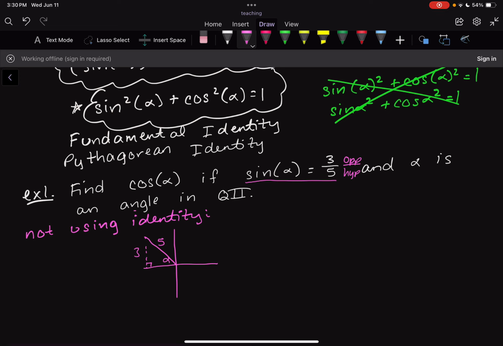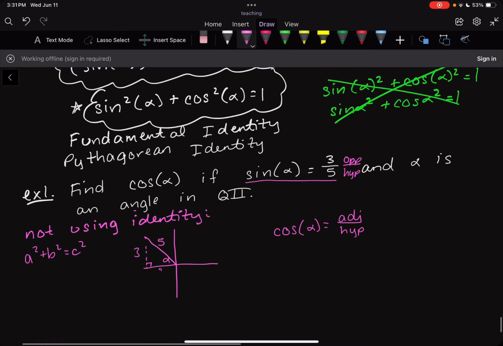Now if I want cosine, then I want the adjacent over the hypotenuse. But I don't know the adjacent side. However, we can get it using the Pythagorean theorem. So I can say a squared plus b squared equals c squared.